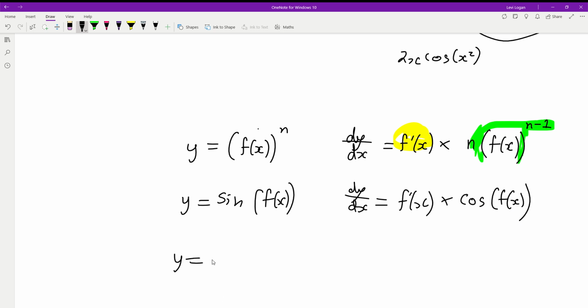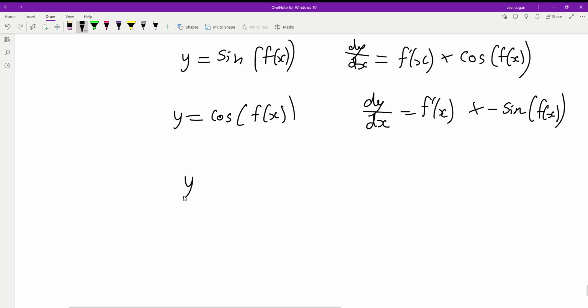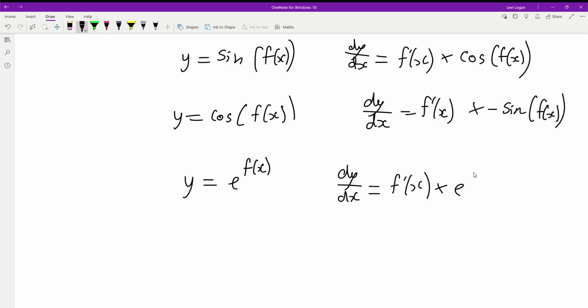If I have y equals cos of f of x, dy dx will now be f dash of x times by minus sine of f of x. Okay? If I have y equals e to the f of x, dy dx is going to be f dash of x times by e to the f of x, because e doesn't change. The Euler expression stays the same, stays constant forever.